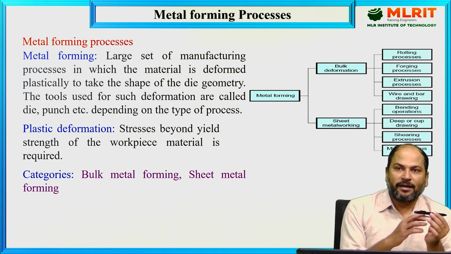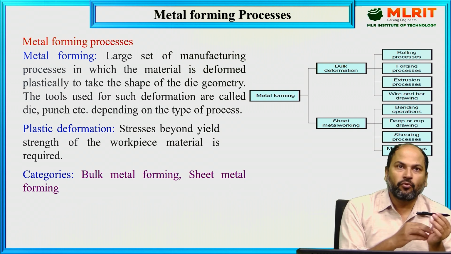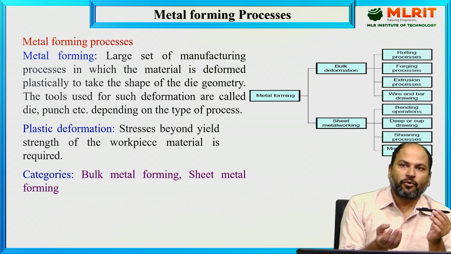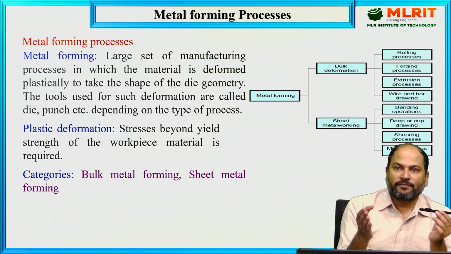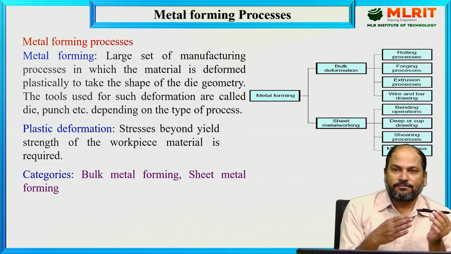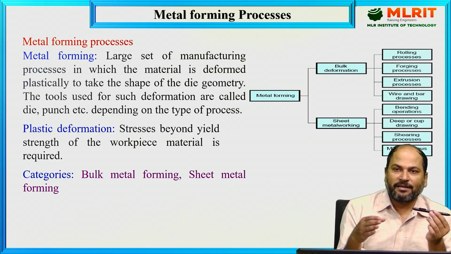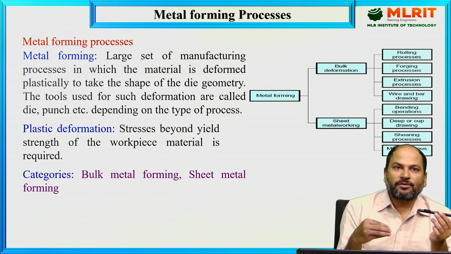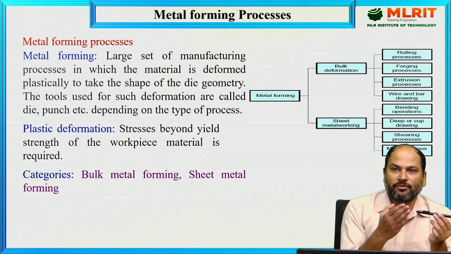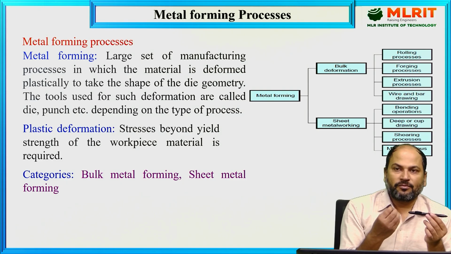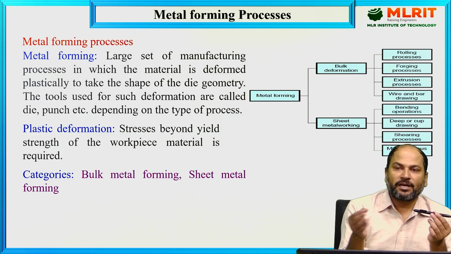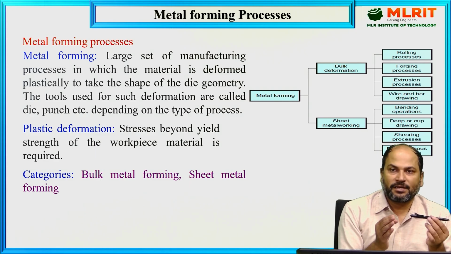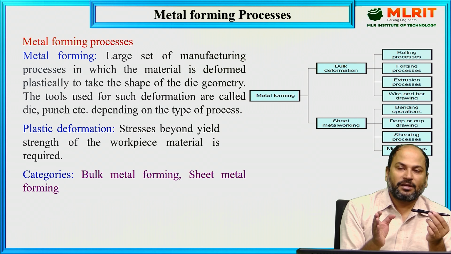In that mold cavity we used to pour the molten metal, and after pouring we used to leave it for some time so that it solidifies. Once solidification is over, we used to break the mold if we are doing sand casting, take out the product we have cast, and after trimming and removing the gating systems, that part is cast.